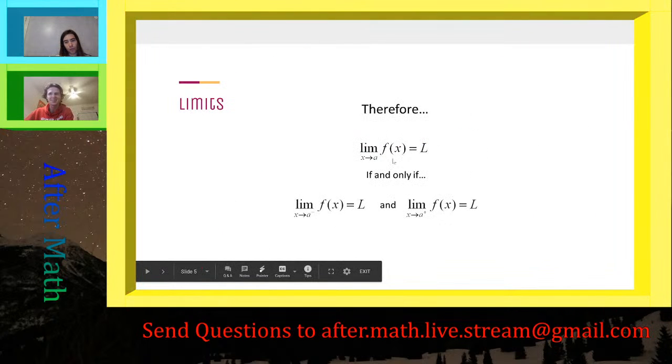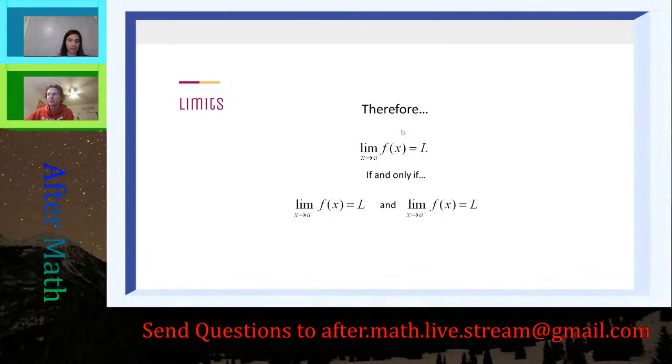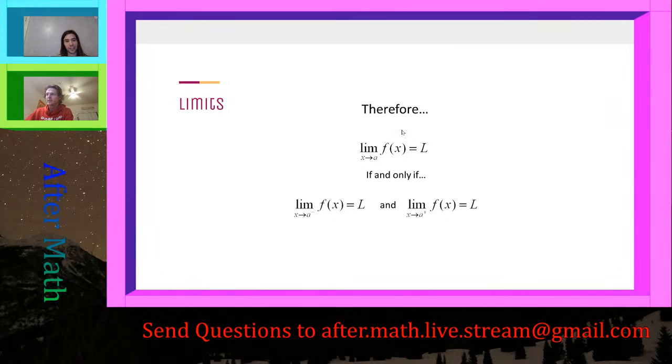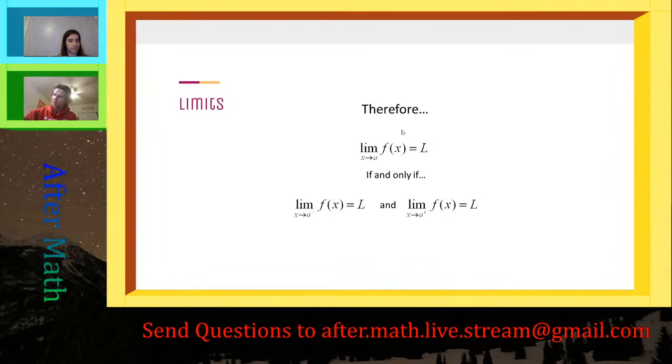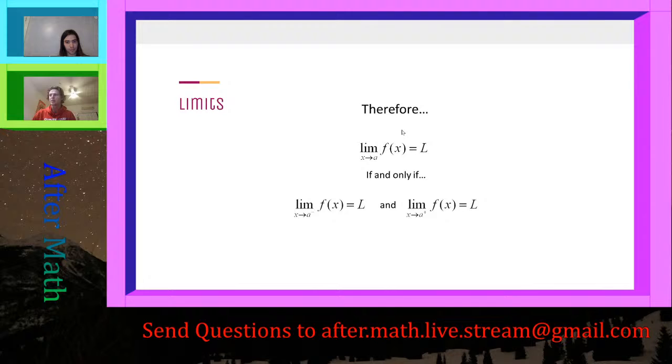Yes, it is. So do you want to talk about this kind of weird, funky formula we got here that says limit, and then underneath it, it's got an x with an arrow to a? So when we are writing the limits out, you'll see this lim and then f of x, and then x approaches, where that little arrow symbolizes the approaches.